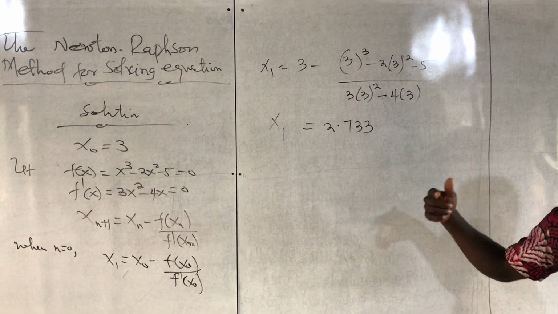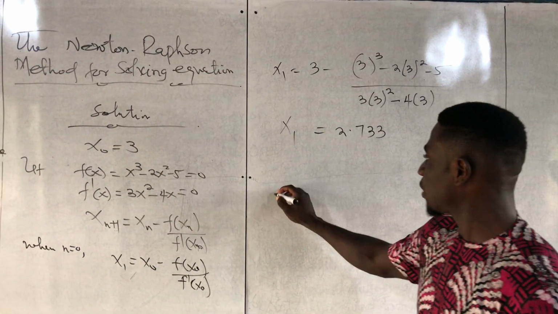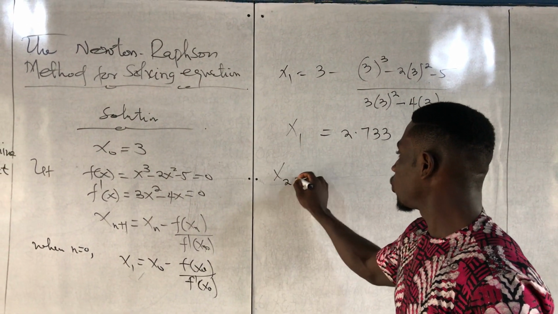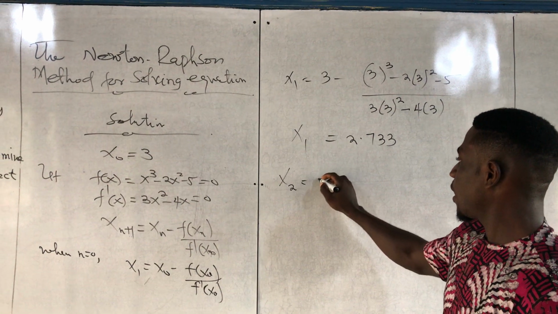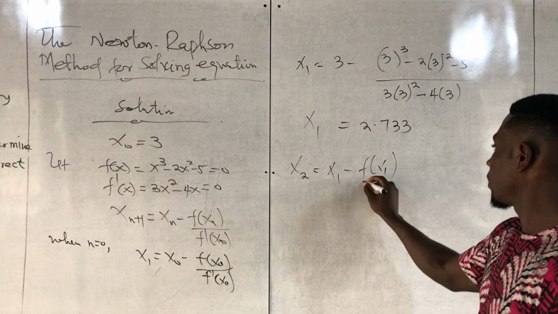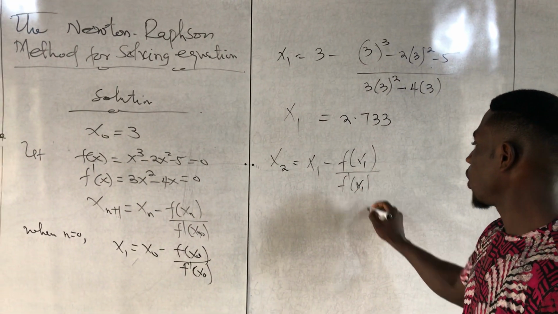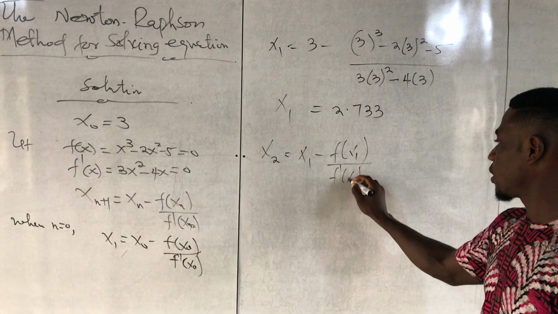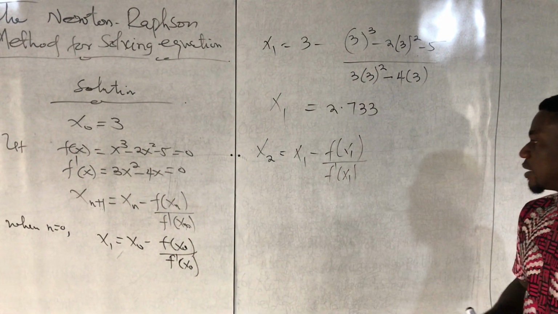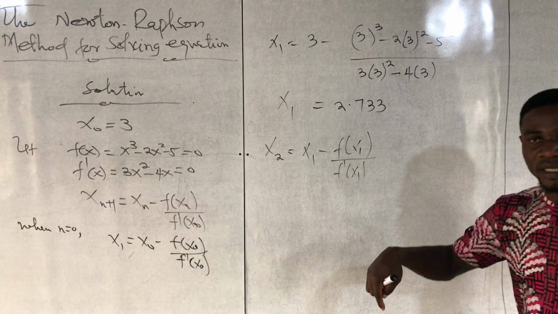Now after getting this, you check for the second iteration. The second iteration will give us x2 = x1 - f(x1) over f'(x1). Take note: the x1 that you get from the first iteration, you are going to use that to solve the second iteration.